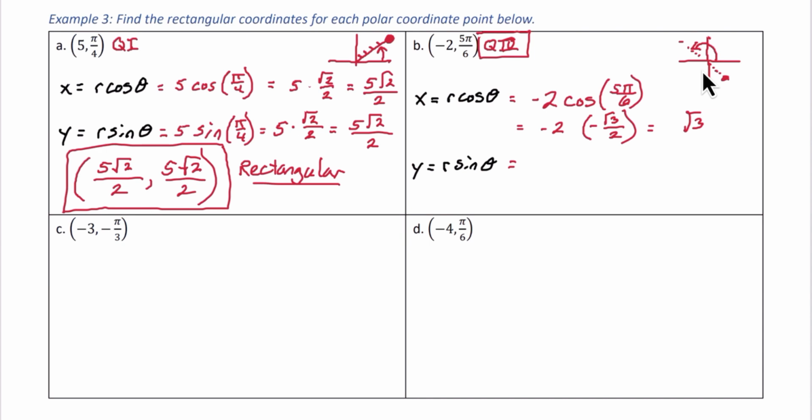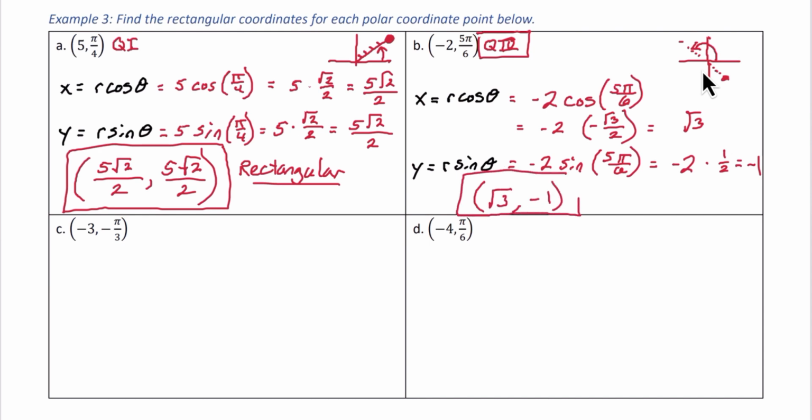Plugging in the given info, r is negative 2, sine of the given angle, 5 pi over 6. We have negative 2 times the sine of 5 pi over 6, which is 1/2, so that gives us negative 1, meaning our rectangular coordinate is square root of 3, negative 1.